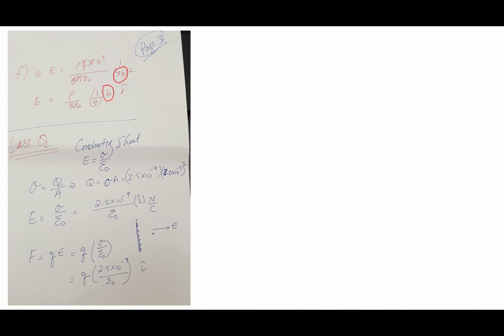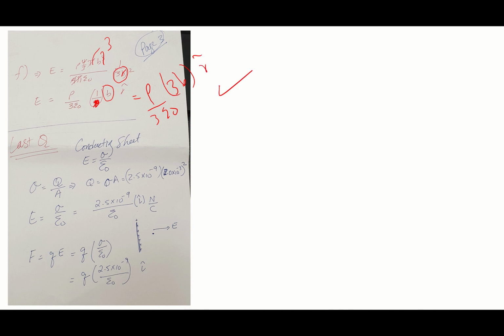So that's all you need to do in here. Sorry, this will be b squared, and this will be 3b cubed. So no, this is not 9, because I have to cancel these 2 with these, and then I will be left with 3. So it will be 3b. So this will be rho over 3 epsilon, and then you have 3b r hat. Okay, and that's it.